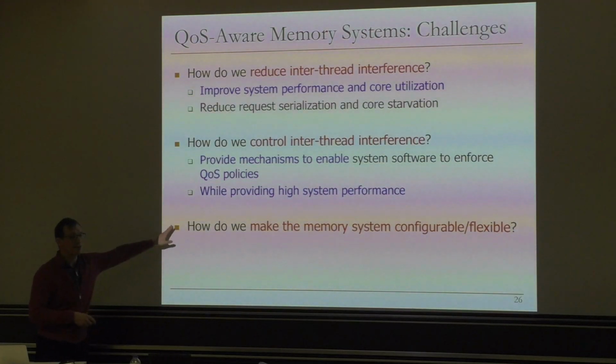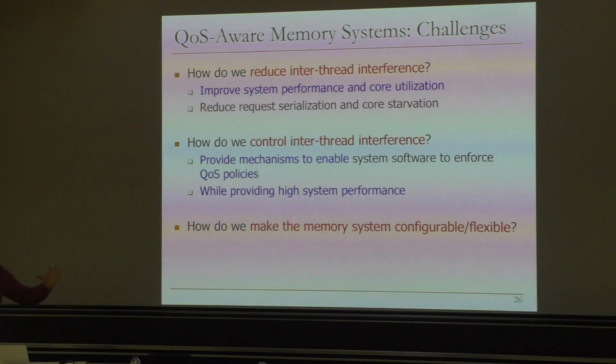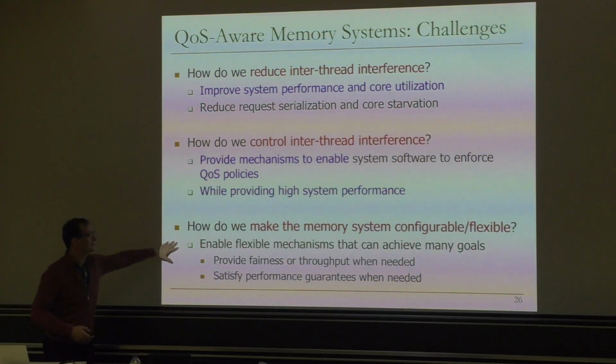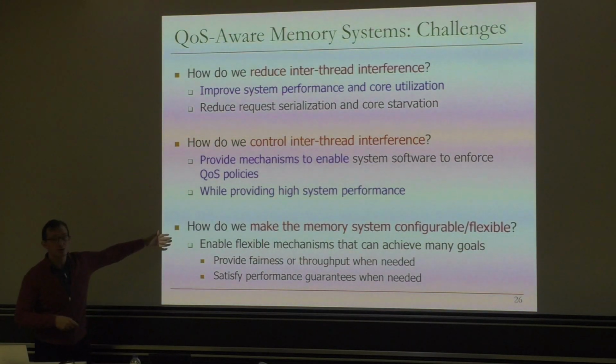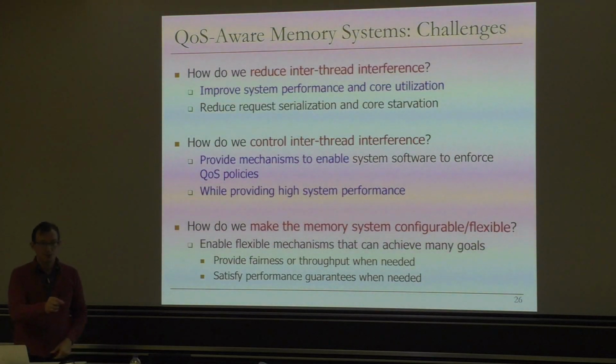And on top of this, I don't think this is also enough. You really need to make the memory system more configurable and flexible, because there is no single quality of service policy, especially if you're building a general purpose system. There may be many quality of service policies that you want to employ, right? And this depends on the applications that you're running also. So you really want to enable flexible mechanisms that can achieve many goals. Sometimes you want fairness. Sometimes you want some particular thread to be prioritized.